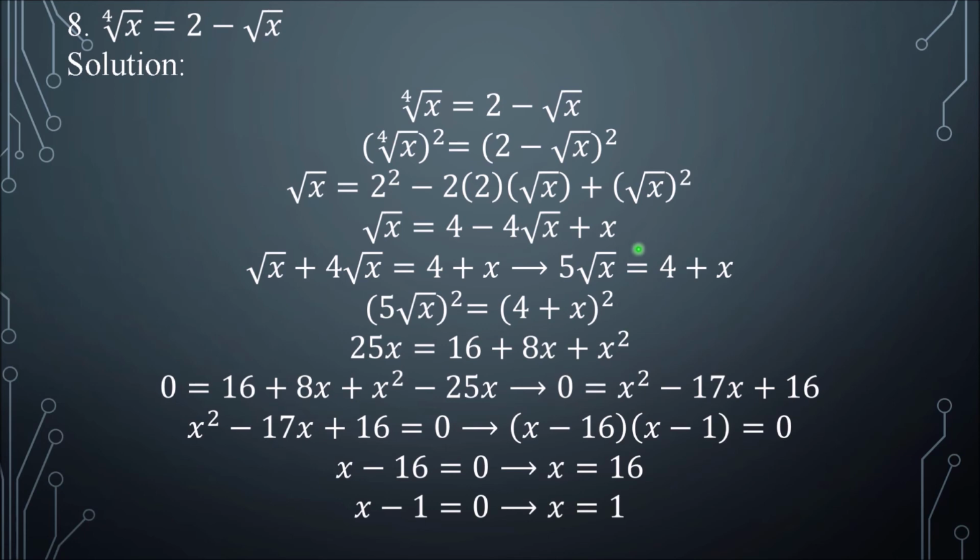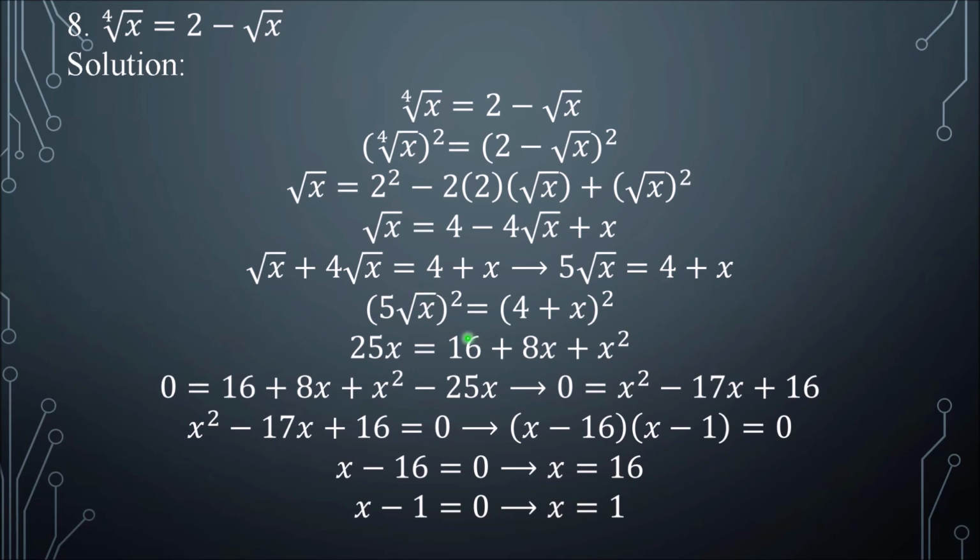As a result, we have square root of x for the left side, and for the right side, we have 4 minus 4 square root of x plus x. Now, combining similar terms, this one will be transferred to the other side. That's square root of x plus 4 square root of x, which is equal to 4 plus x. Now, this one is 5 square root of x, and then this one is this.